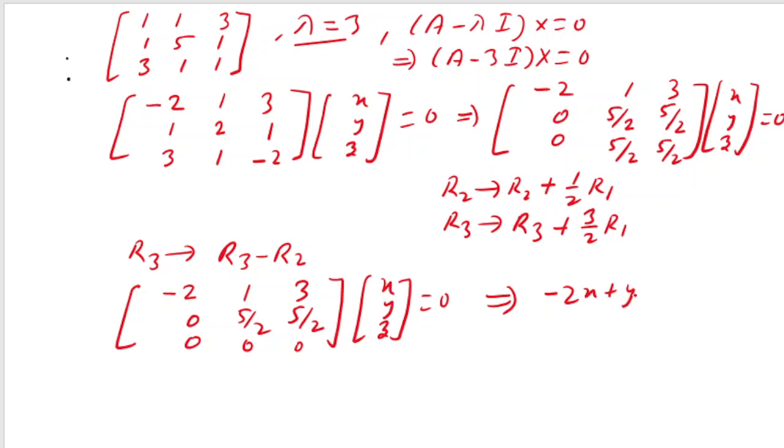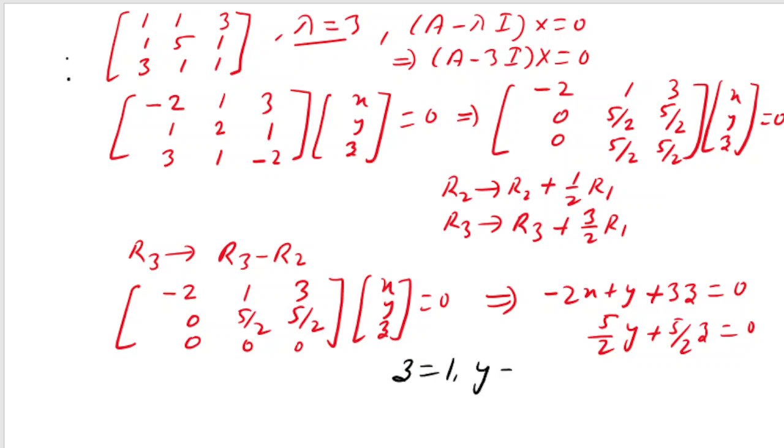This gives me -2x plus y plus 3z is equal to 0, and 5 by 2 y plus 5 by 2 z is equal to 0. So I can take z is equal to 1. If I take z is equal to 1, I will get y is equal to -1, and what will be the x in that case by back substitution?